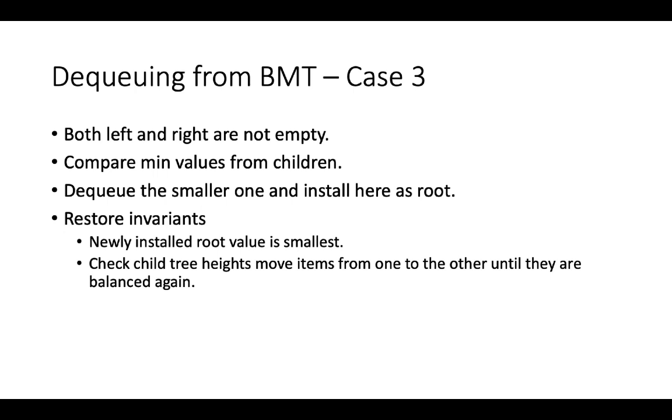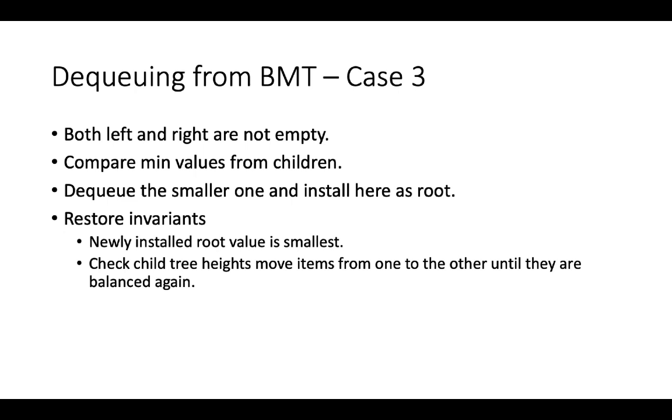That happens to be smaller than the smallest item in the other child, which means that there's no other item in the other child that could be smaller. So that's my smallest out of both my children, and that's the one I'll steal. So I install that smaller value here, and wherever I got it from, I'll DQ it recursively from that child.